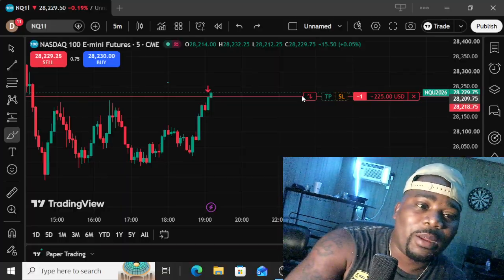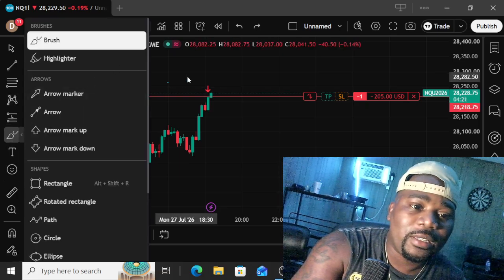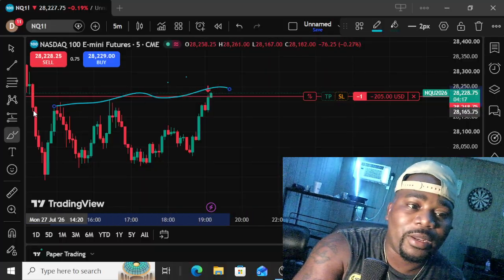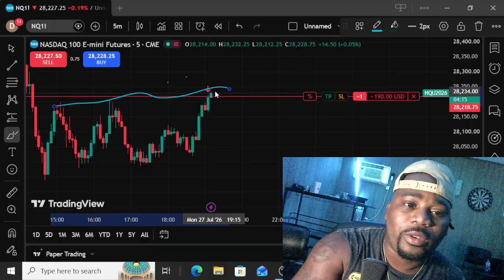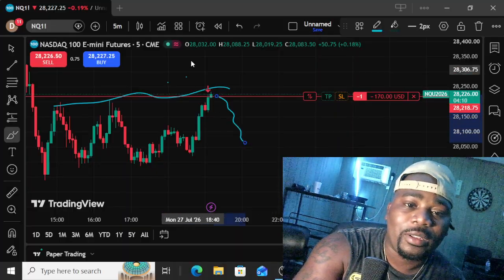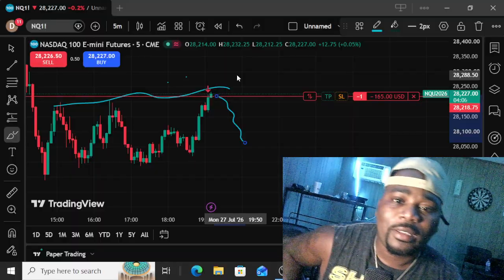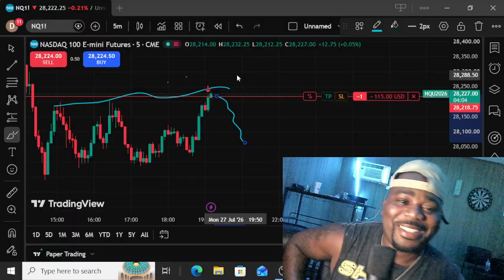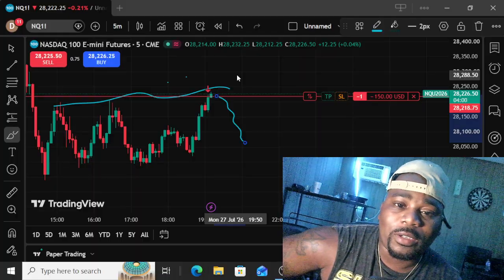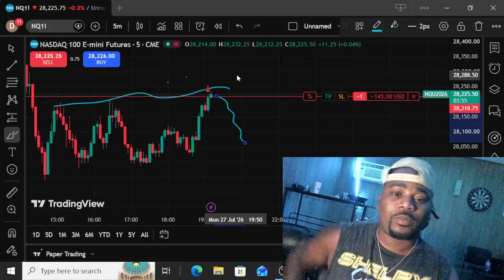Remember, if you see that it's in that area, don't panic because it's already in the resistance level. You know 9 times out of 10 it's going to come down. It's going to ride it down. So just be patient and get your money. All right. So we're going to sit back and wait and see what this thing does.